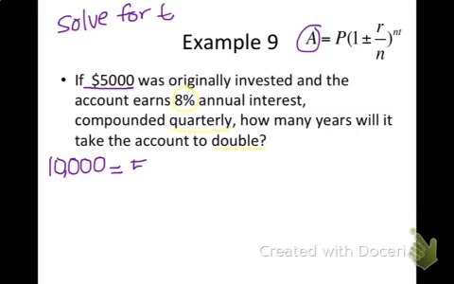Our P is 5,000, what you start with. This money is being earned, so we know that we're going to add it to our account. The rate is 8%, so that's 0.08, dividing it by our N. It says that it's quarterly, so our N is equal to 4.